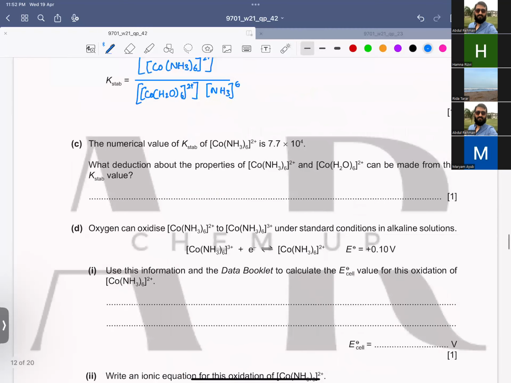The numerical value of K step of cobalt hexaamine is 7.7 exponent 4. What deduction about the properties of this and this can be made from this K step value?